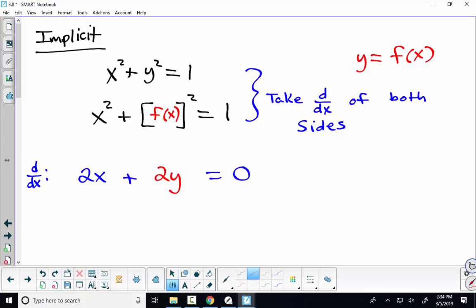Y is a function of x. So look at it this way. If I had some function of x squared, I have to use the chain rule to take that derivative, right? The chain rule says to take the derivative, I take the derivative of the outside, leave the inside alone, then multiply by the derivative of the inside.